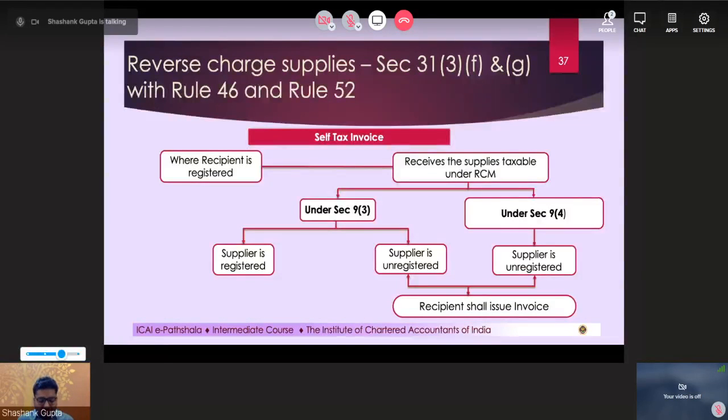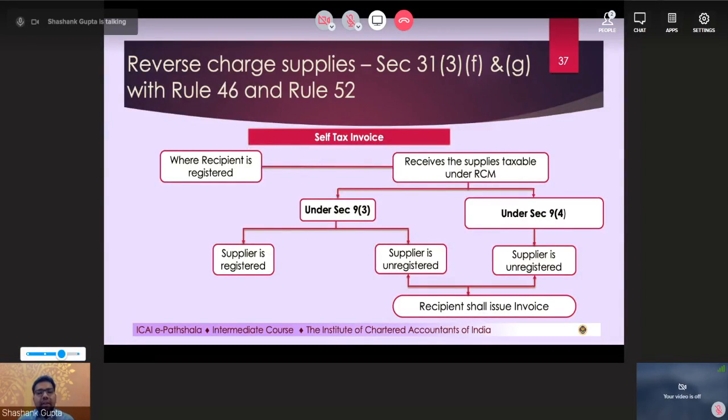Not only payment voucher, if the supplies which are covered under reverse charge are being received from an unregistered supplier, then in such case, it is the recipient who will issue the invoice also. That will be known as self-tax invoice.